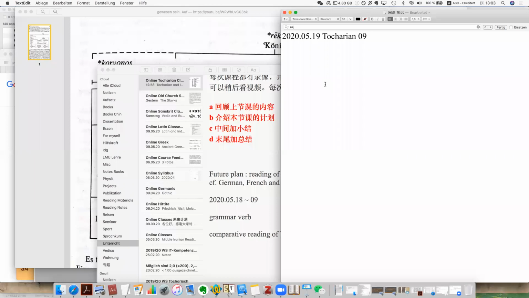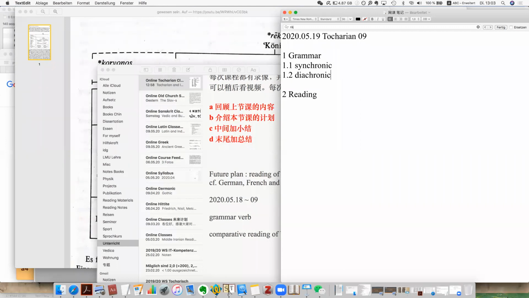The first part is devoted to grammar, and the second part is reading. Under the first part, there will be two sections: the first one is synchronic, and the second one would be diachronic.